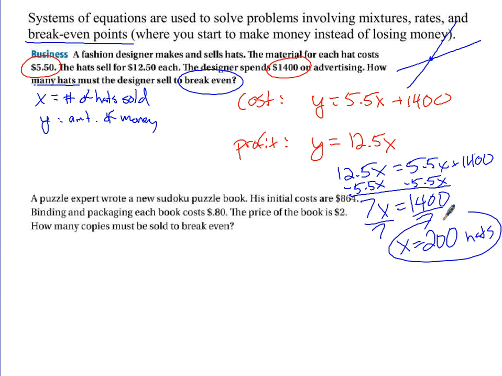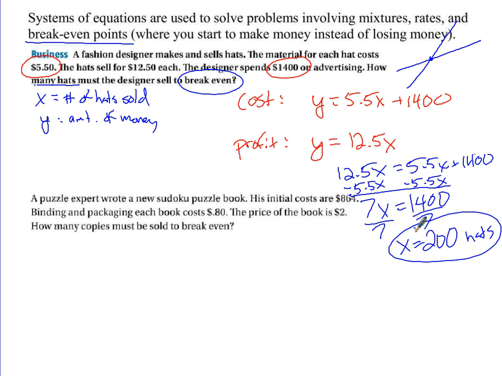I'm done. But if it asked me to find out how much money I would have made at that point, how much money would I have made? Think about it. If I'm breaking even, then how much money have I made on this project? 0.